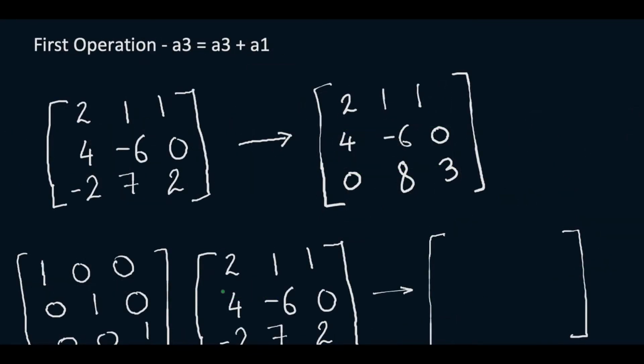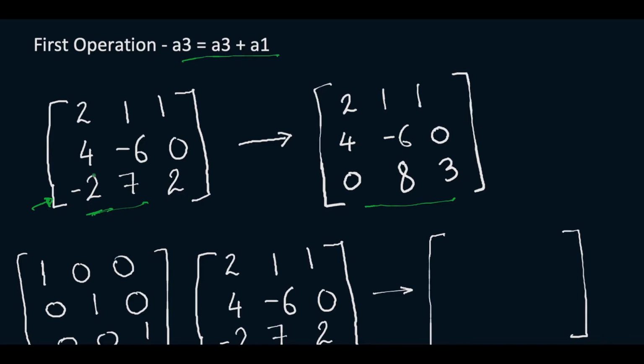Now in our last example, our first operation was A3 equals A3 plus A1. If you have not seen the last example, please go and see it, where we did elimination and back substitution to find the answer. This was the matrix which was present, and after the first operation it is this matrix. The A3 row, which is this one, is transformed into A3 plus A1.